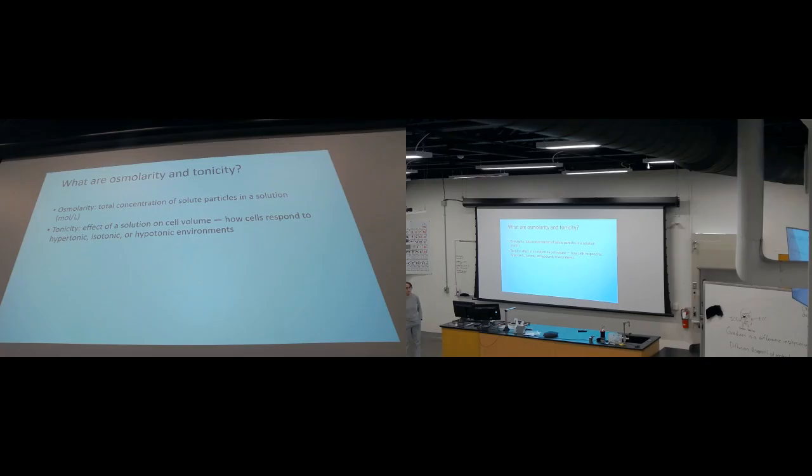And then you have hypotonic, in which you have a low concentration of solutes. With hypotonic solutions, you gain volume. With hypertonic solutions, you lose volume. And isotonic doesn't make you lose volume. You remain at the same level.